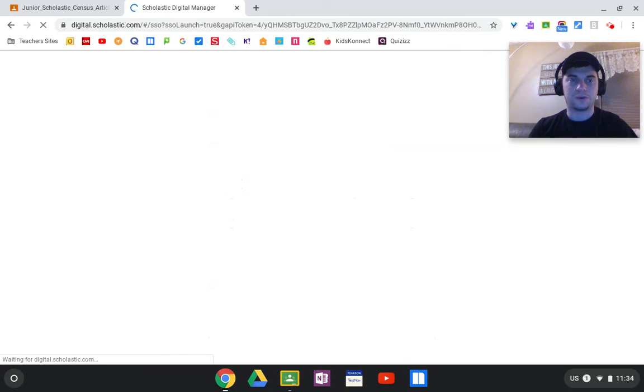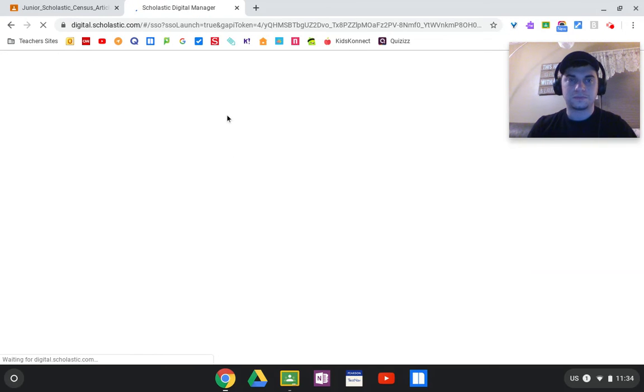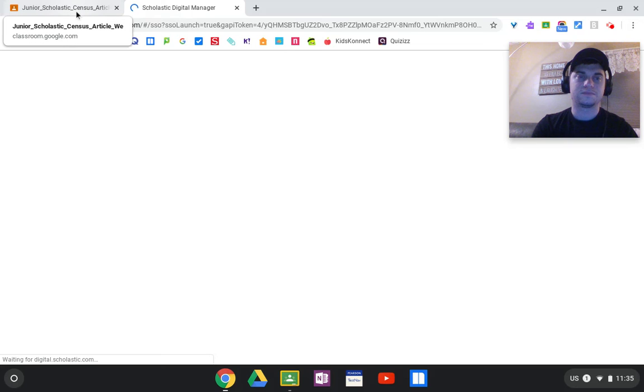I know it seems annoying to jump through all these hoops just to get the article, but as that's loading, again, there is a PDF of the article if you guys would rather read it from there. It's taking forever to load, it seems like. I'm sorry this is taking so long to load. Normally it does not take this much time.